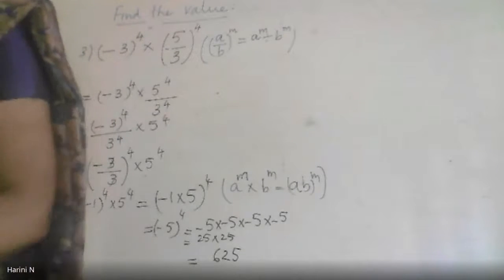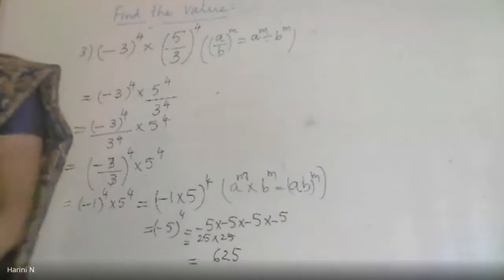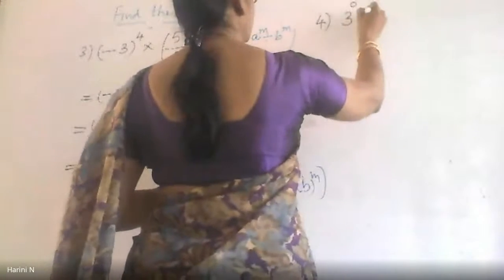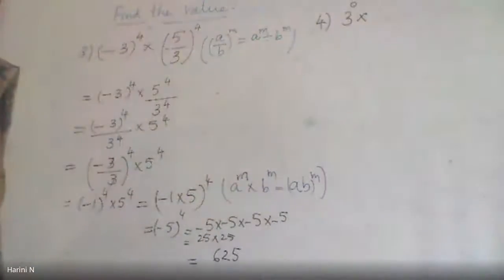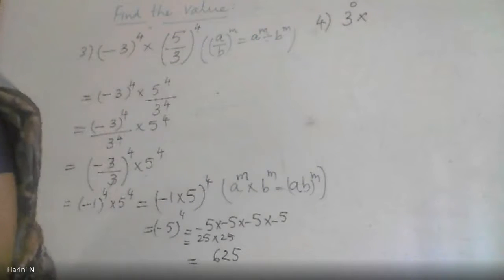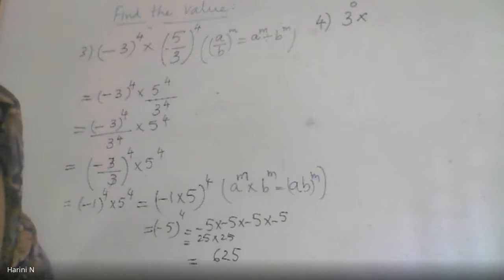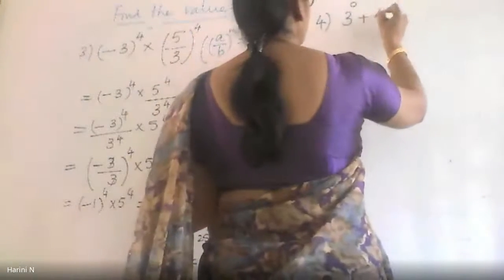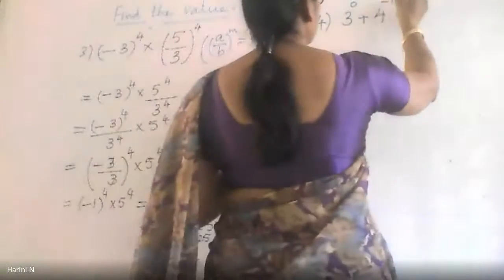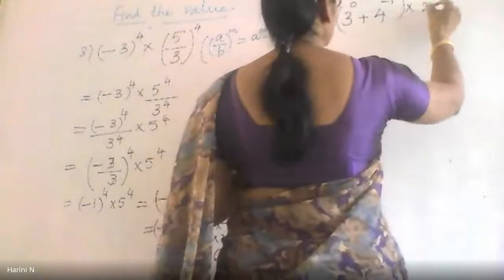Okay, I'll take this problem. 3 to the power 0 plus 4 to the power negative 1, this multiplied with 2 cube.